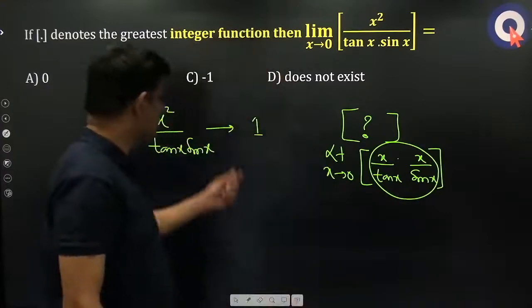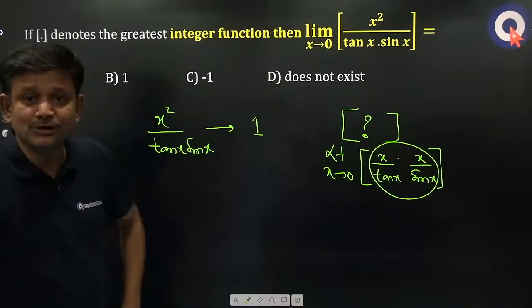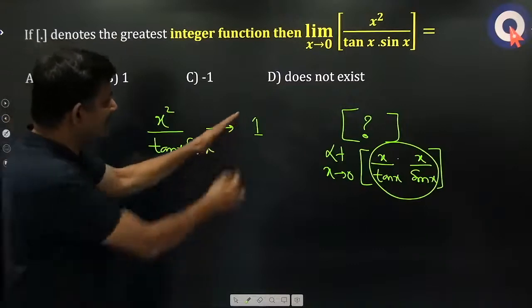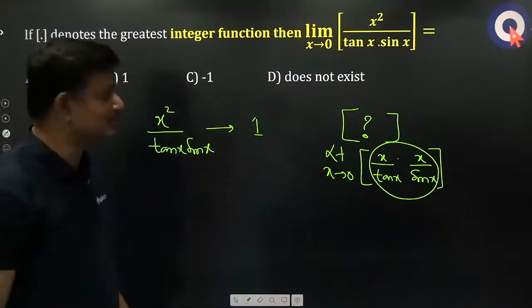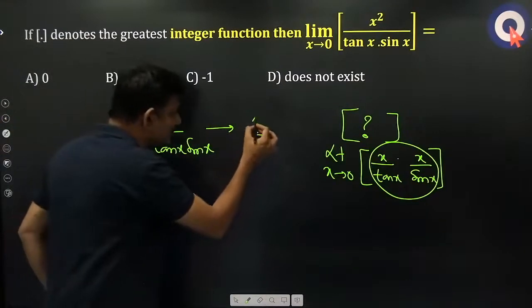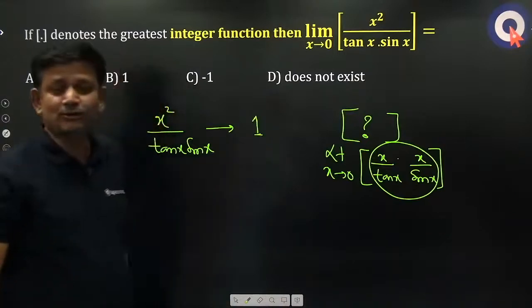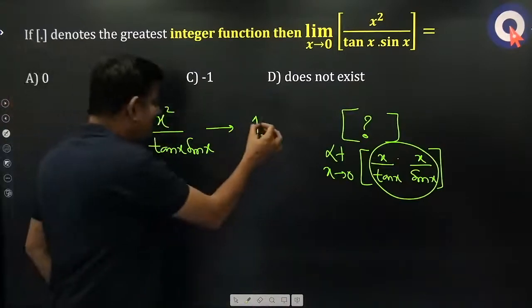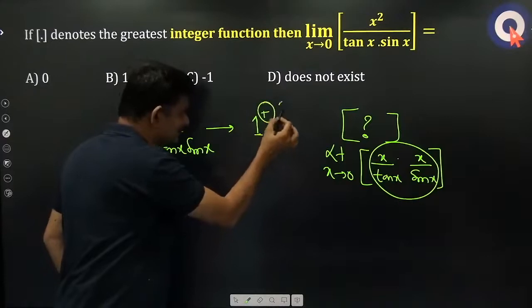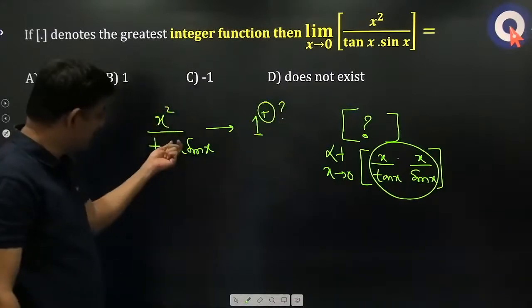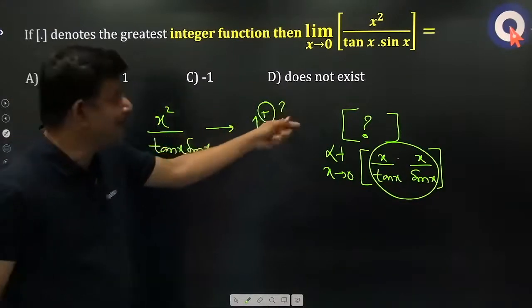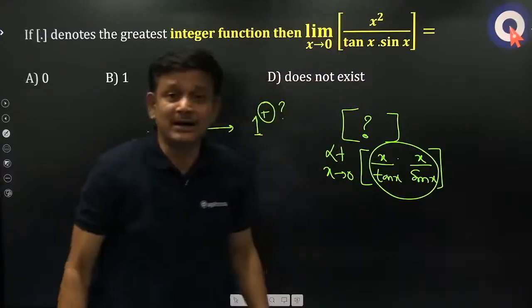Now the question starts. When it is approaching an integer, had it been a half, it would be an absolutely simple question. But unfortunately this is approaching 1. So the question doesn't end here. If it was approaching 1 plus, that means this quantity is slightly greater than 1, then this integral part would have been 1.